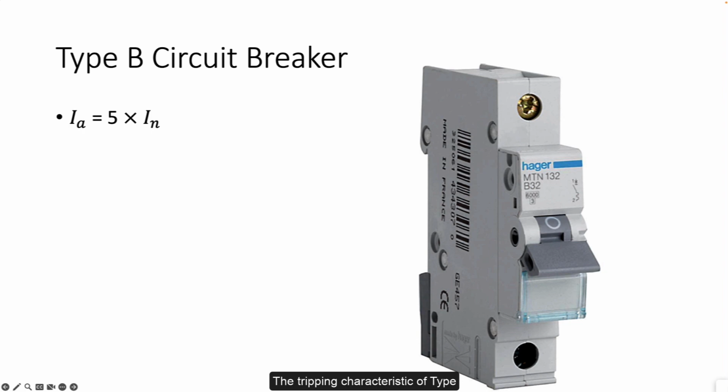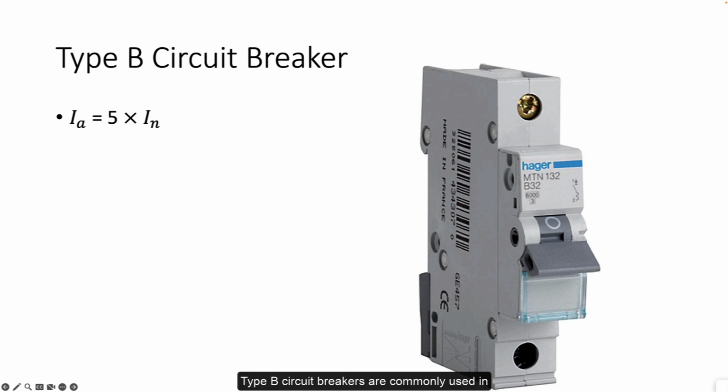The tripping characteristics of type B circuit breakers mean that they will disconnect the circuit when the current exceeds a certain threshold, and this threshold is expressed in terms of a multiple of the rated current I subscript N. The type B circuit breakers trip at levels between 3 and 5 times the rated current I subscript N. This means that the circuit breaker will instantaneously disconnect the circuit if the current reaches a value that is 3 to 5 times the normal or rated current.